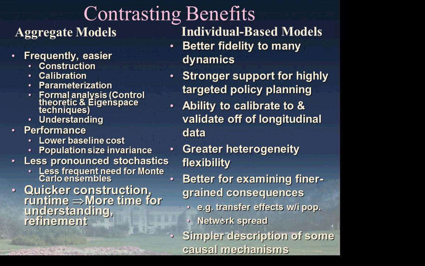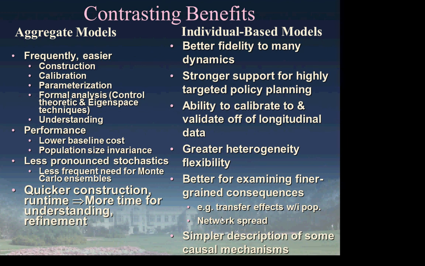That's the strict truth. Our mathematics is not yet advanced to the point where we can readily do the sort of rich analysis with agent-based models that we can with aggregate models. We're just not there yet. There are some techniques which are being applied, which have relevance, but we're not nearly as far along.